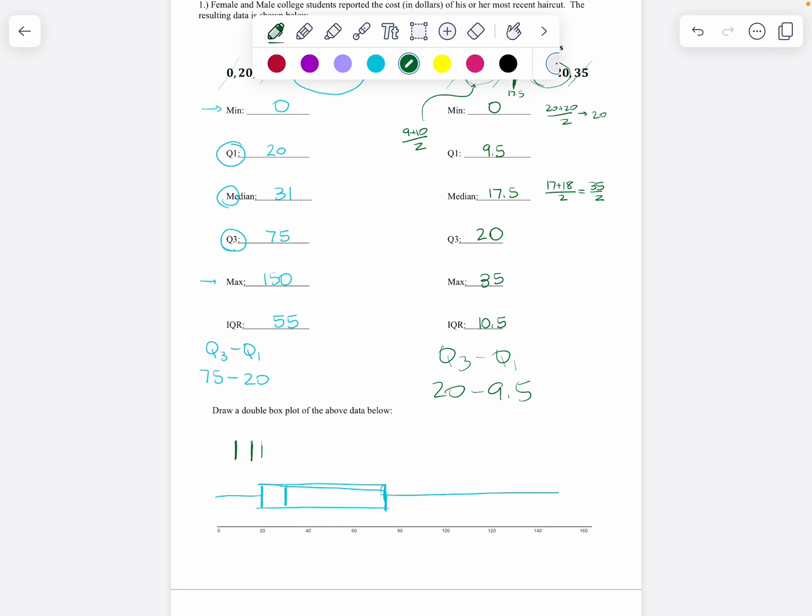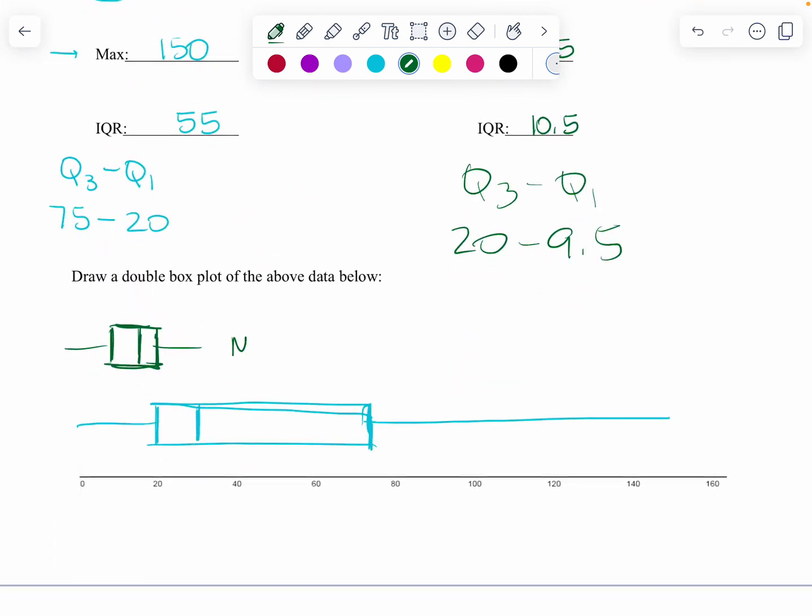Q3 is 20. So now I've got that. That's the box. Max is 35. That's like this. Minimum is 0. So I think this is the male college students. And this is female.